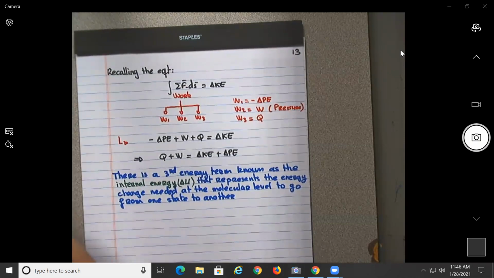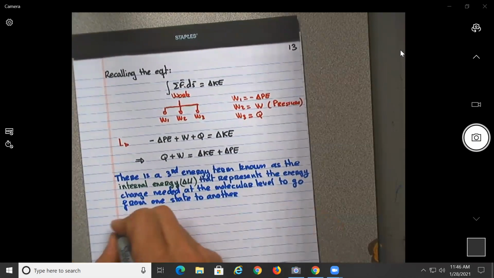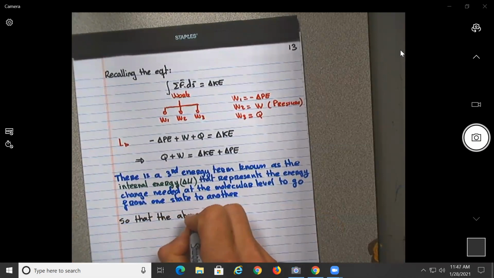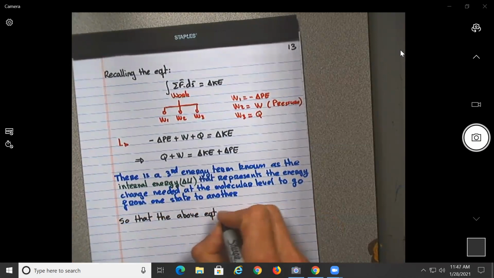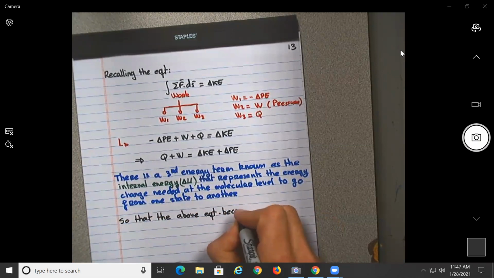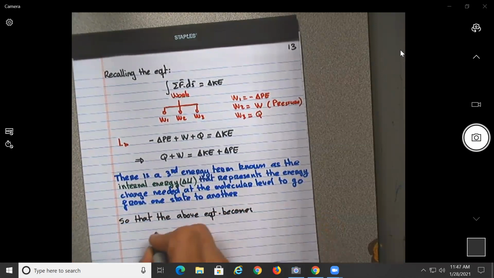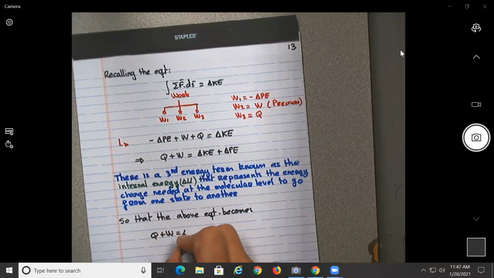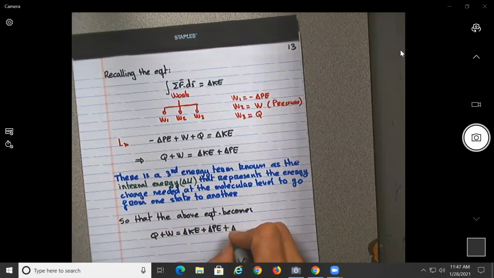So basically, the above equation becomes what? It becomes Q plus work equal change in kinetic energy plus change in potential energy plus the new energy that I put over here, change in internal energy.